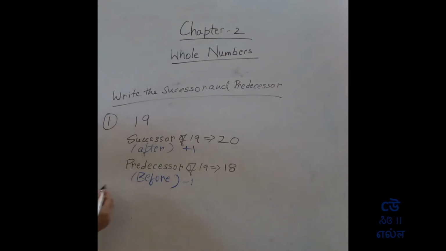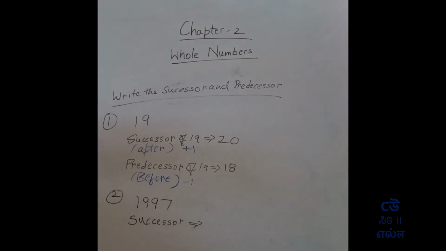let me take another example, that is the second one. I'll take a bigger number, that is 1997. Okay, for this we will write the successor of 1997. Successor means what? After 1997.